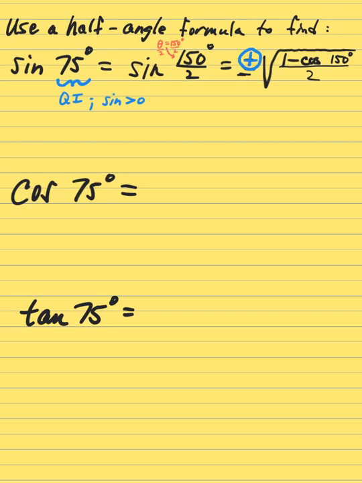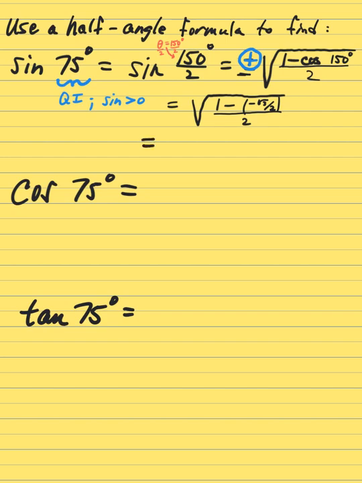From your unit circle, and you don't have to write the plus sign out front, cosine of 150 is negative square root of 3 over 2. It's the x-coordinate at 150 degrees.